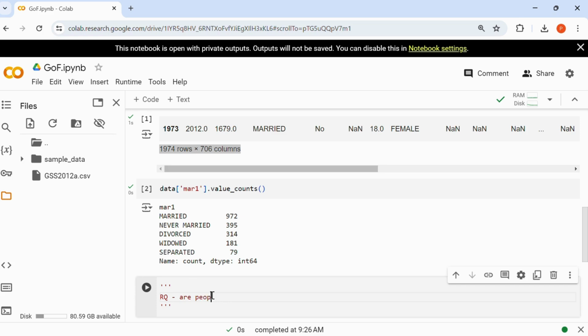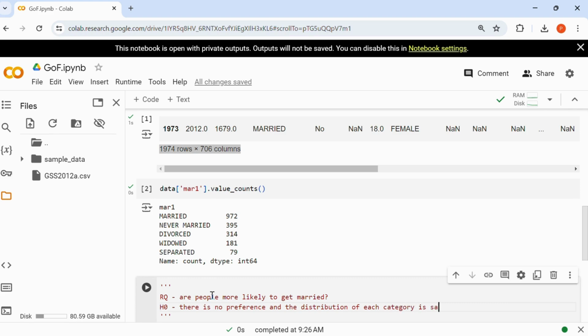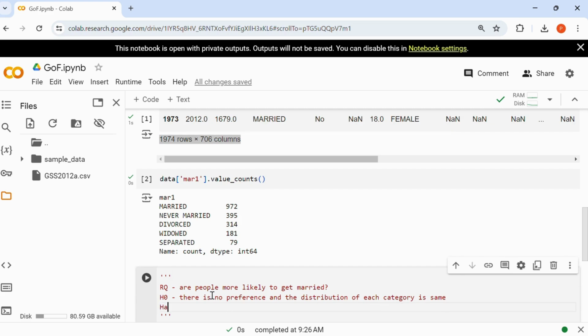There will be a null hypothesis which says there is no preference and the distribution of each category is the same. The alternate hypothesis is the opposite of this, so I will copy: there is a preference and the distribution of each category is not the same.